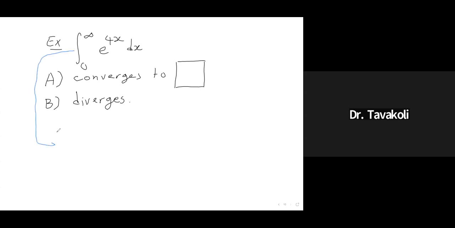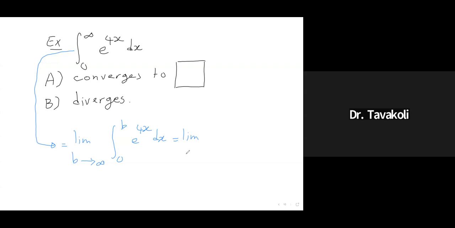Again, I use the definition. This equals the limit as b tends to infinity of the integral from 0 to b of e to the power of 4x dx. For now, we don't apply the limit.